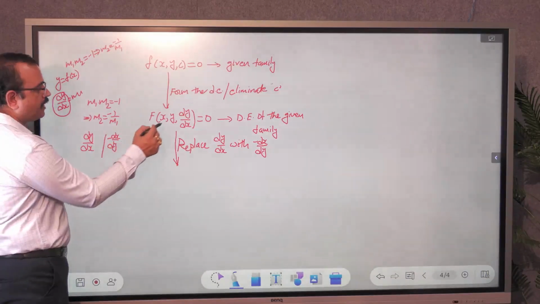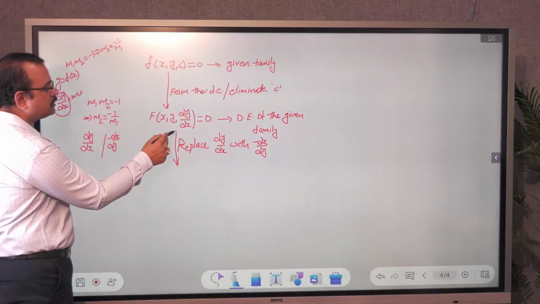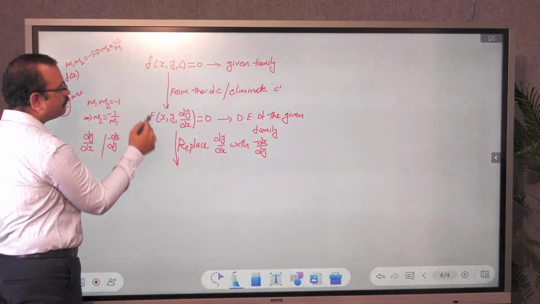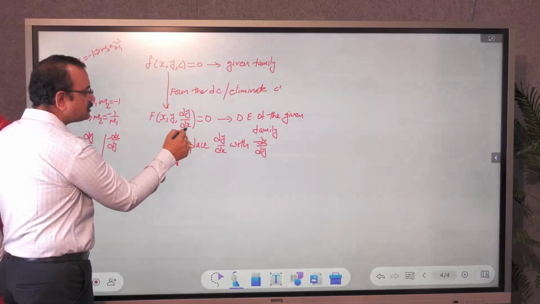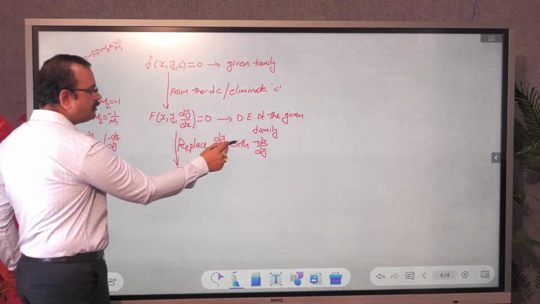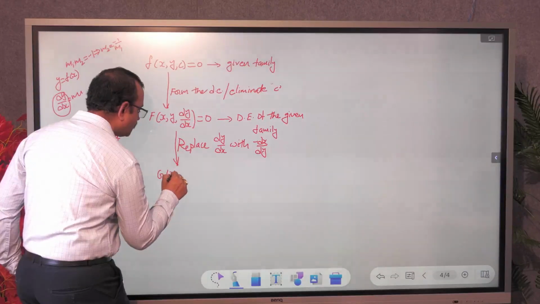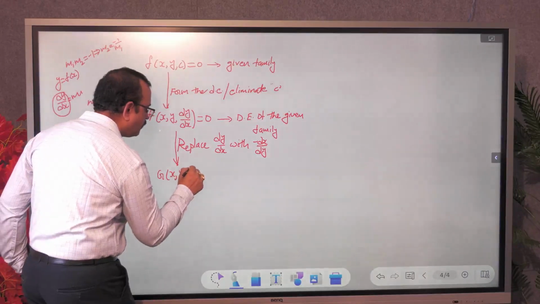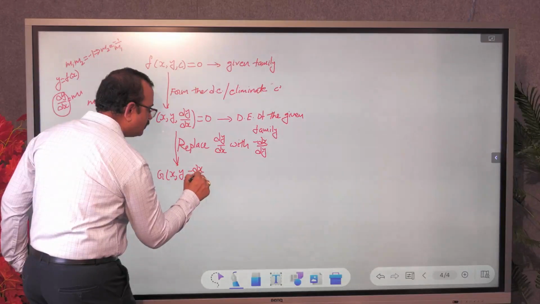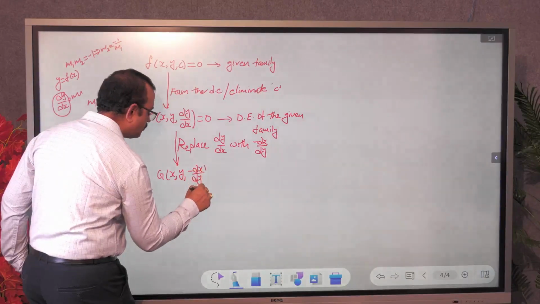So therefore, to find the orthogonal trajectory of the given family F, we have to replace the slope dy by dx with minus dx by dy. Then you can write it as some G of x, y, minus dx by dy. I am just changing that name.